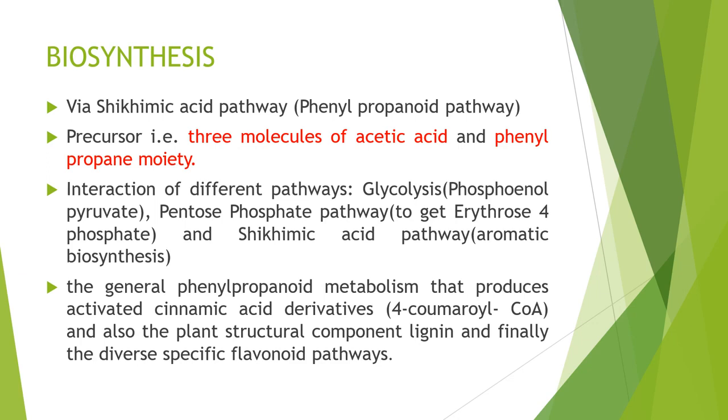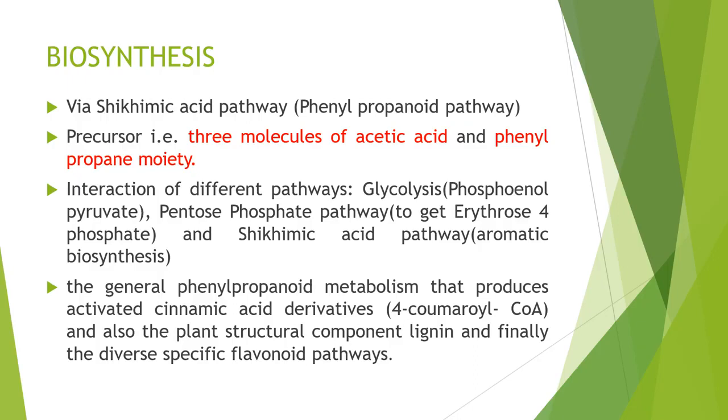It will go into the aromatic biosynthesis of all compounds, secondary metabolites, and then pyruvic acid and pyruvate will go for the formation of terpenoids. We have seen terpenoids, isoprene units are there, and that will be this aromatic biosynthesis, the formation of terpenoids, and by the shikimic acid pathway we will get the other secondary metabolites.